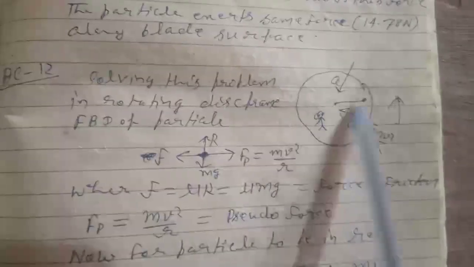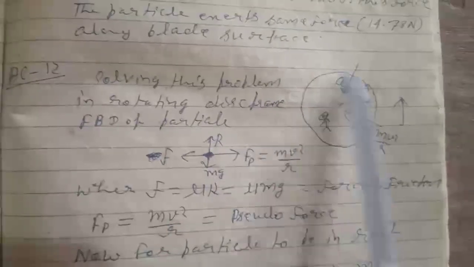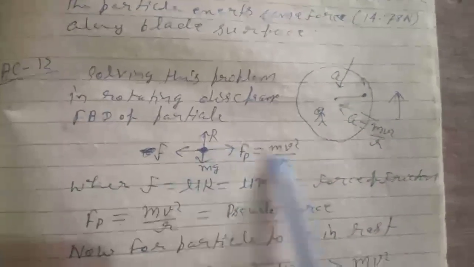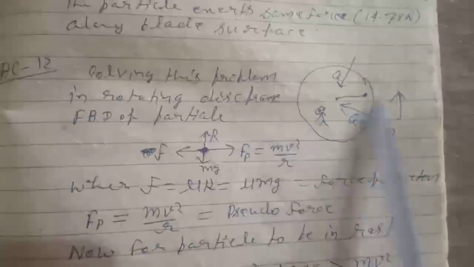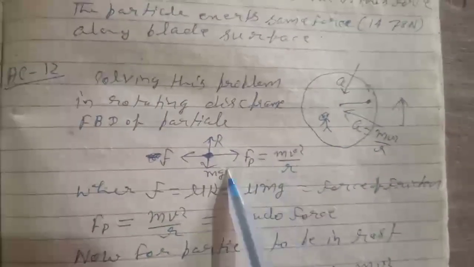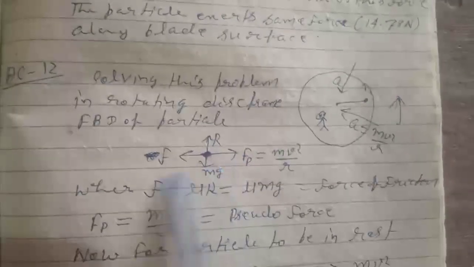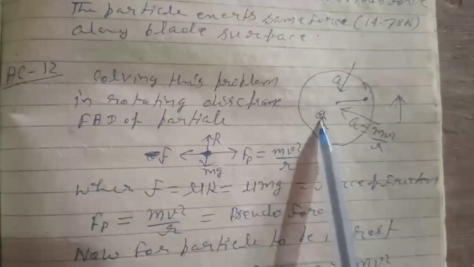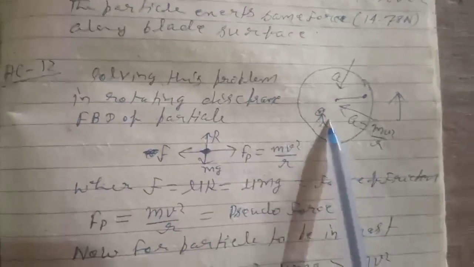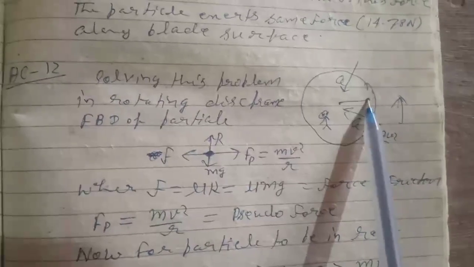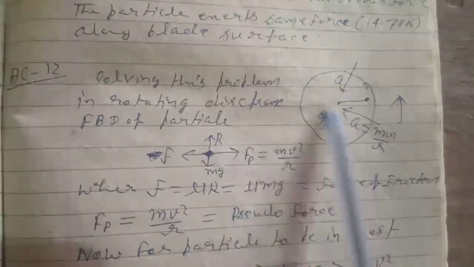Because we are solving the problem in the disk frame, we have to apply a pseudo force opposite to the centripetal force, that is F equal to mv square by r, and from the disk frame, we see that the body experiences a friction force in this direction.